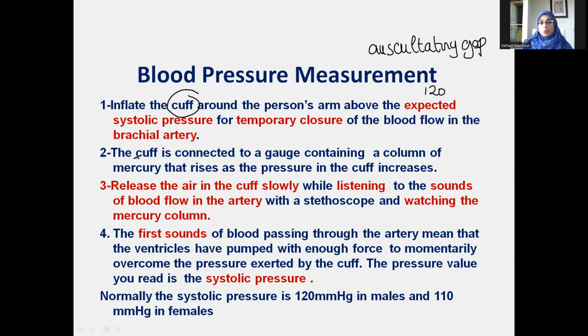Of course, the cuff is connected to a column of mercury, and then you release the air slowly while listening to the sounds and at the same time watching the mercury column.